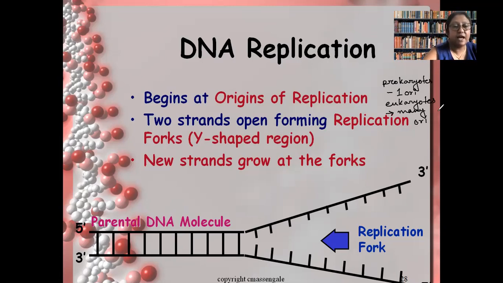Now the thing is that you need to replicate DNA. What you need to do? You need to copy DNA. So for copying DNA, consider if it is a double-stranded structure like this, or in prokaryotes it has a circular structure like this.